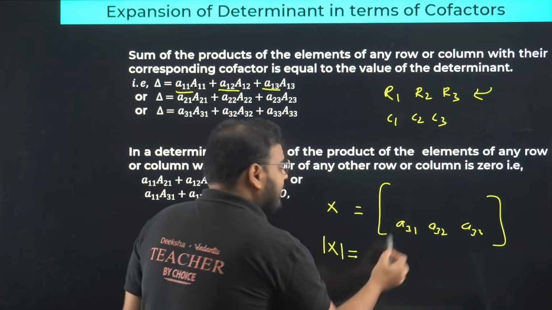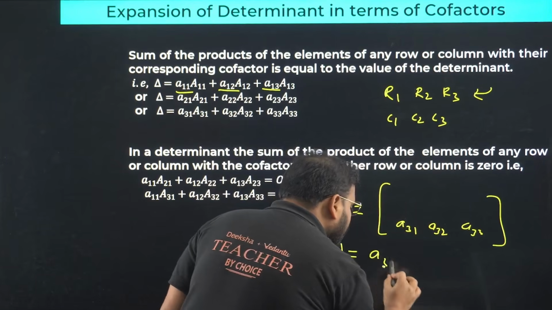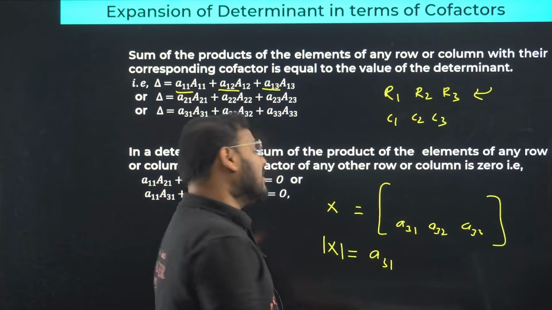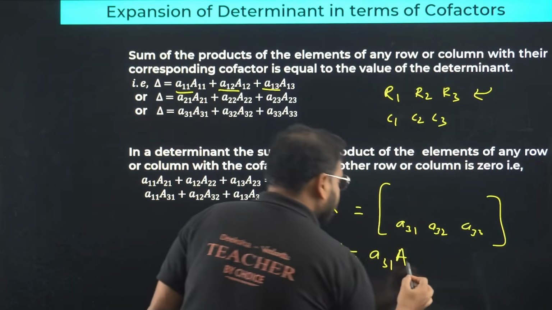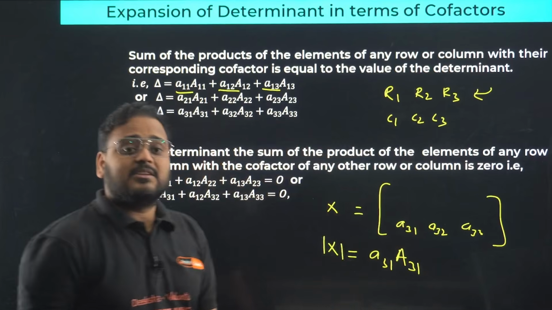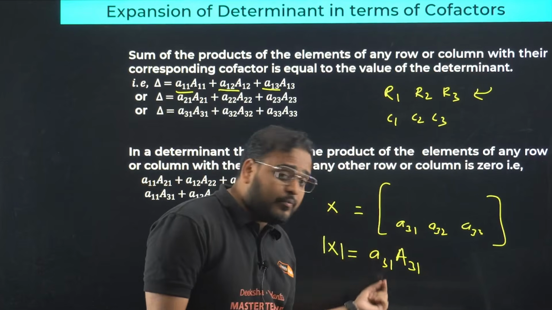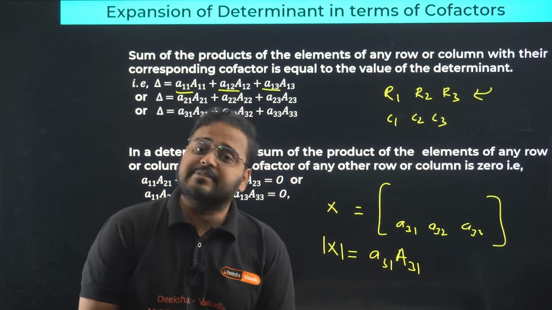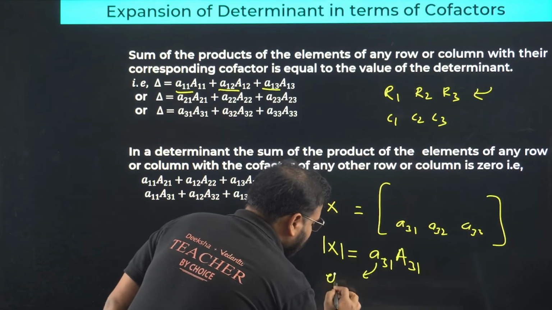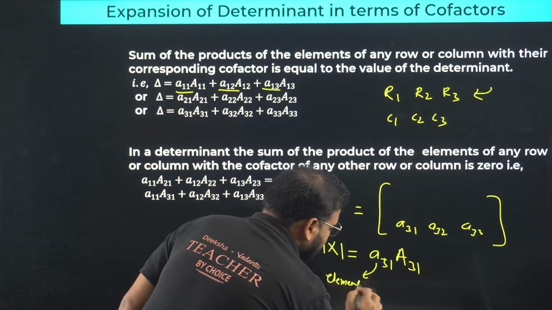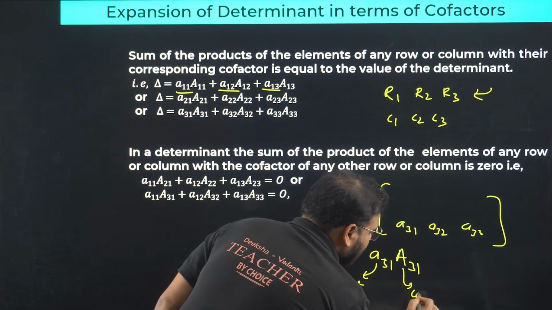Basically, write the element a31 and multiply it with the cofactor of the same element. There is a difference here: small a31 and capital A31 are different. This part here represents the element, whereas this represents the cofactor.